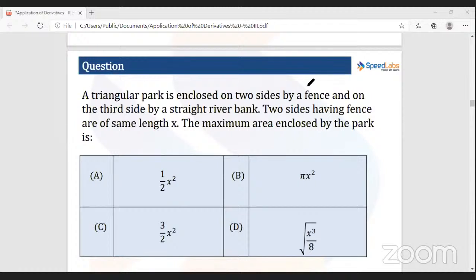What's the answer, guys, for this question? A very easy question this is.